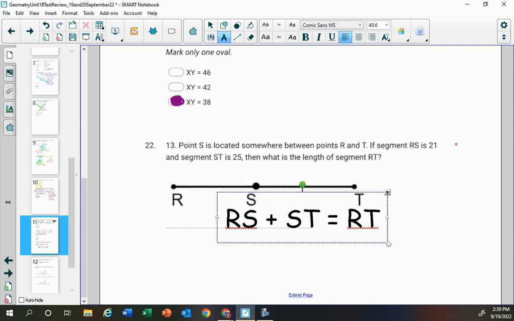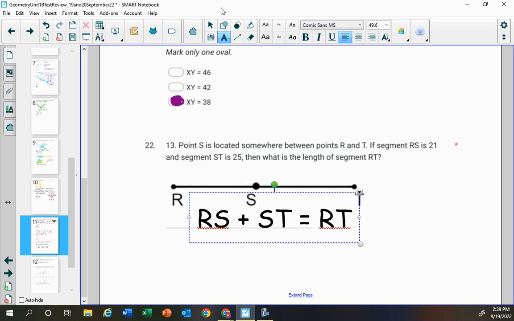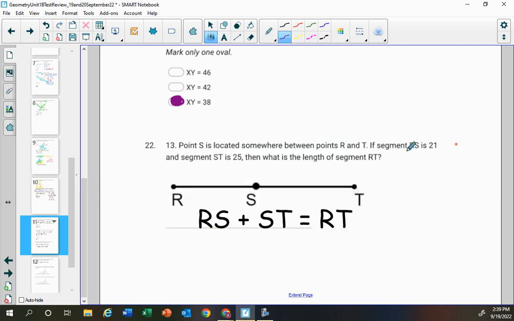Because RS is 21 plus 25, 46 is going to be the overall length.